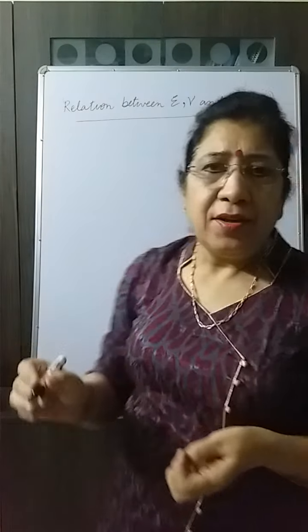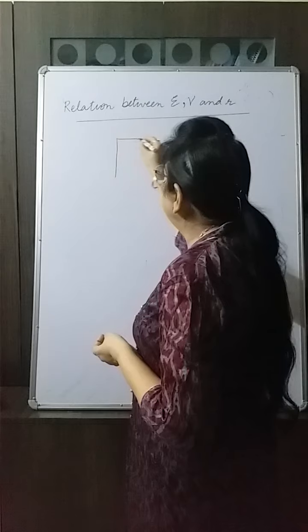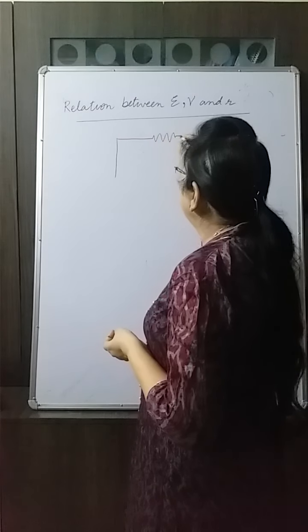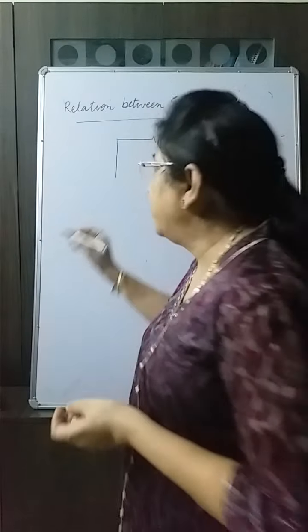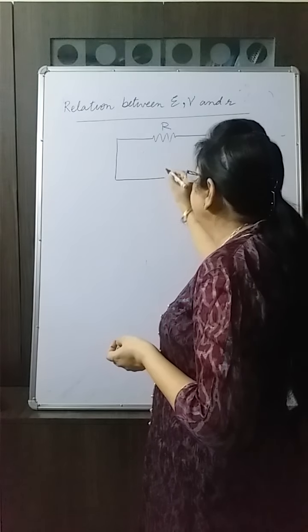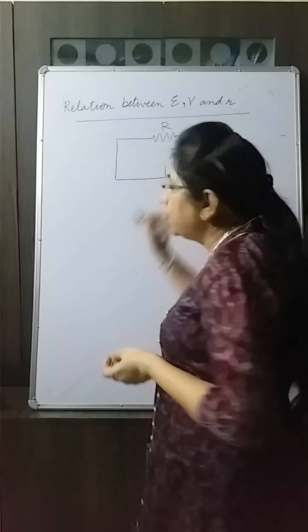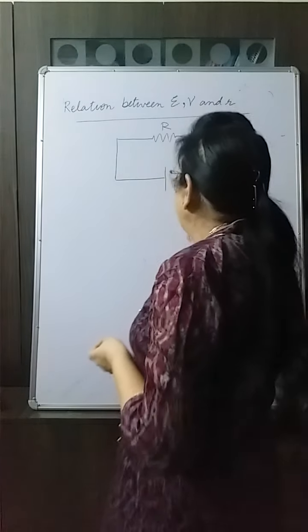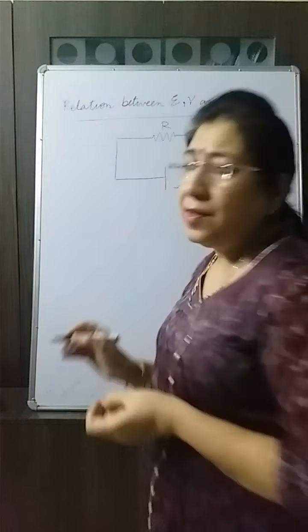To find the relation, let us consider a circuit. Say we have an external resistance R and this is the cell. This cell is having an internal resistance small r.